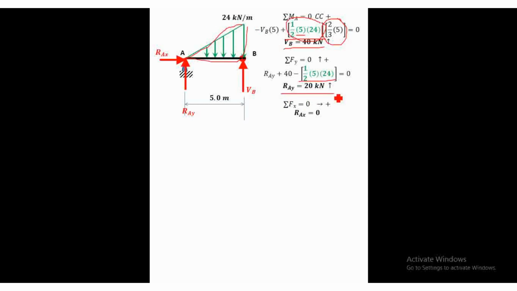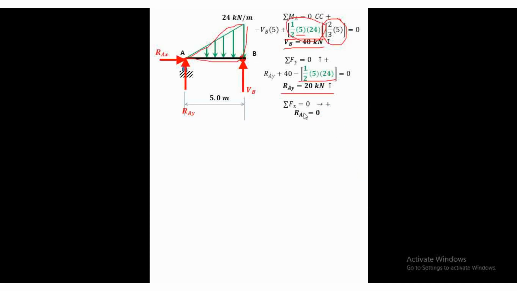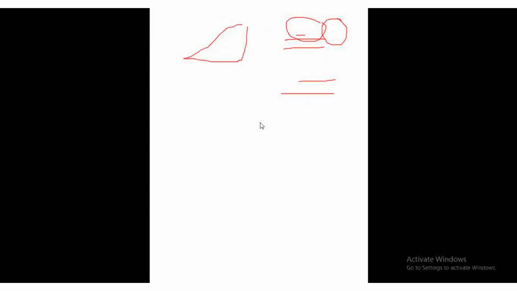My RAY now is equal to 20 kilonewtons. Now, if I take the summation of forces along the x-axis, the value of RAX is 0. So, once I get the reaction at point A and the reaction at the internal hinge, I can continue.